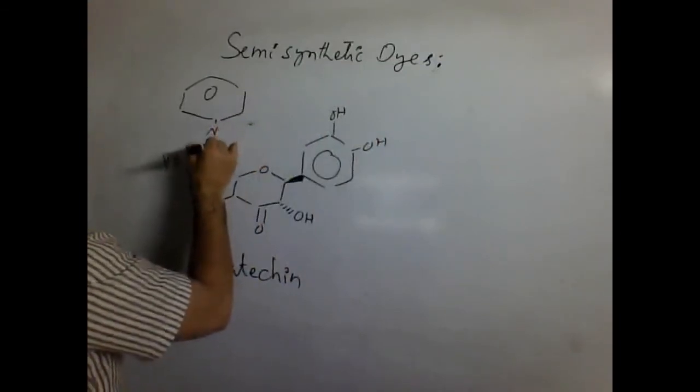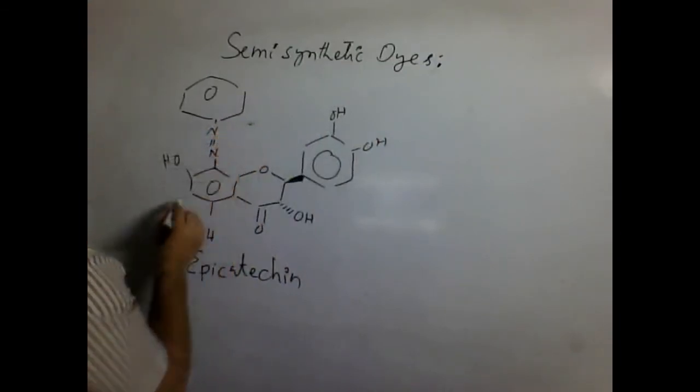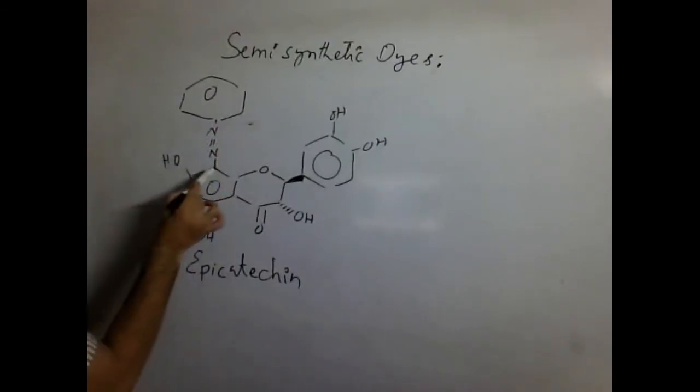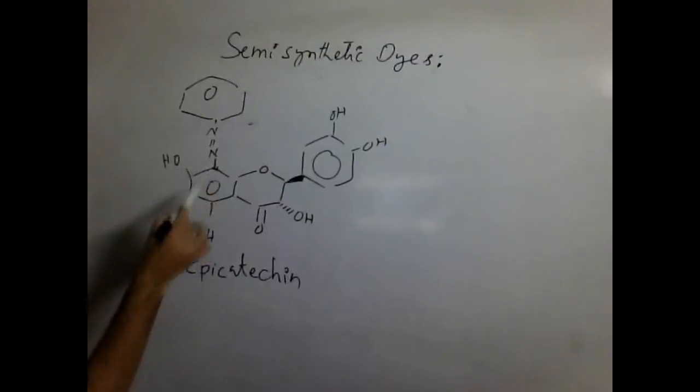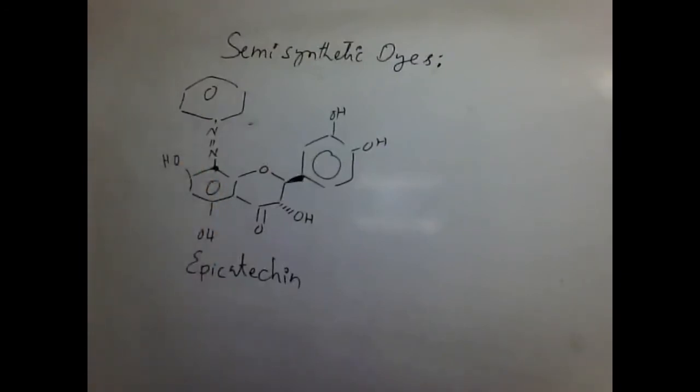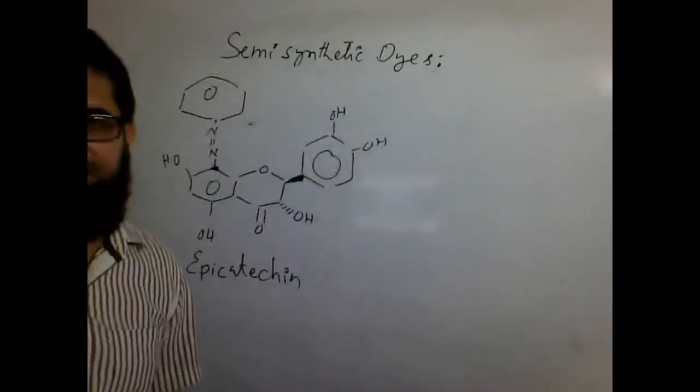The nitrogen would have reacted at this carbon, because this group is ortho-directing, this group is para-directing. So in both cases, this carbon is the best for the attack of the diazonium salt. This was the resultant semi-synthetic colorant at the moment.